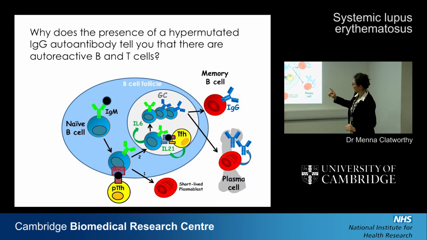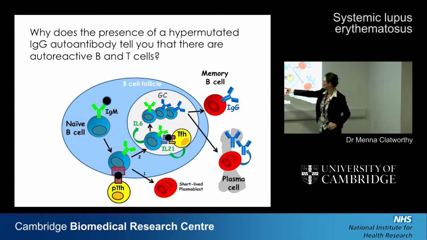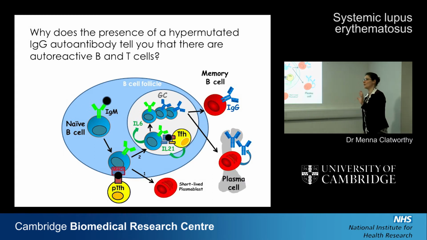And then if it gets that signal, if we focus on pathway 2, the B cell will go back into the follicle and it will undergo what's called a germinal centre reaction. And for this, it needs T cell help, specifically T cells called T follicular helper cells. That makes sense because they're T cells, but they live in the B cell follicle and their job is to help B cells, so they're called T follicular helper cells.